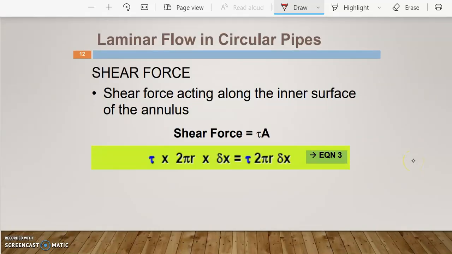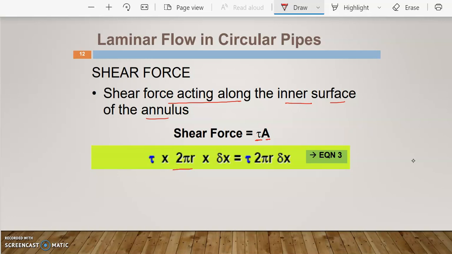And how about shear force? Shear force is the force acting along the inner surface of the annulus. Therefore, shear force is symbolized as tau, times the area. So what is the area?